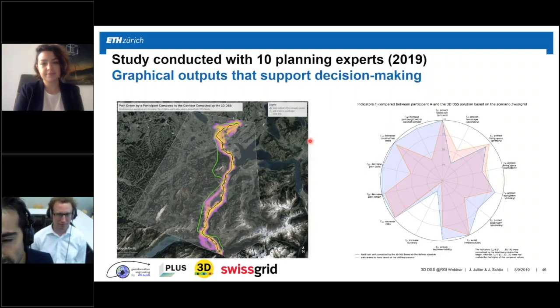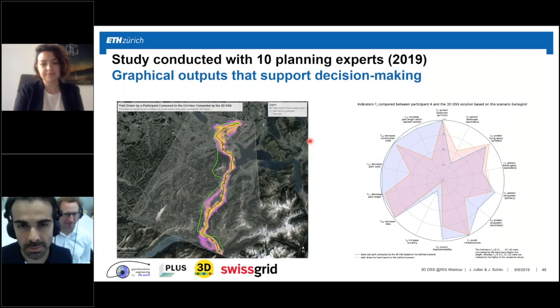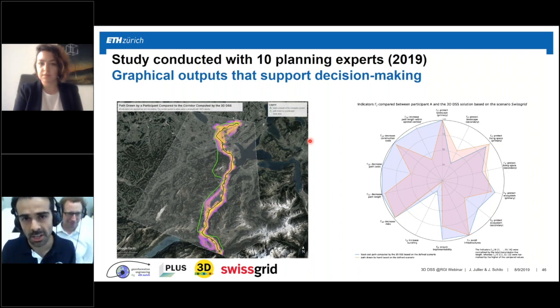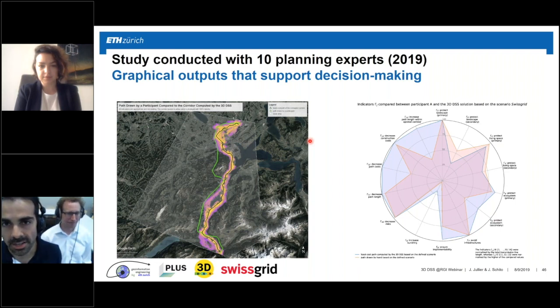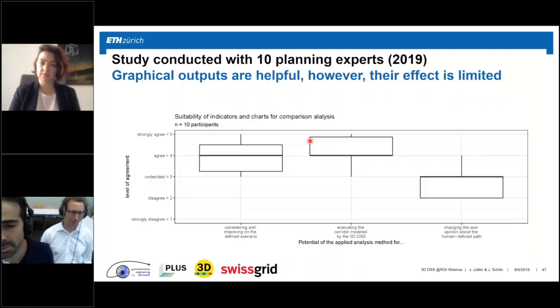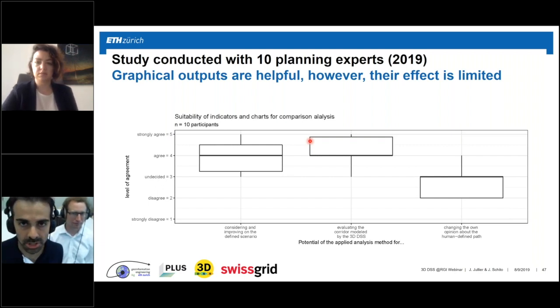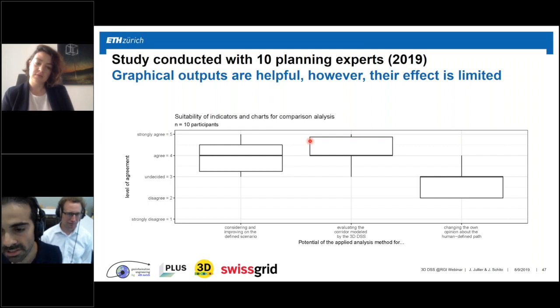The other thing we did was we tested graphical outputs, because we have, as you saw before, the maps and visualizations, but we also tested to what extent different kinds of visualizations could be helpful. As you see on the right side, the spider chart. And indeed, the spider chart was very supportive, as we got the feedback from our participants. This representation helped in considering or reconsidering and improving the scenario which the participants defined in advance.